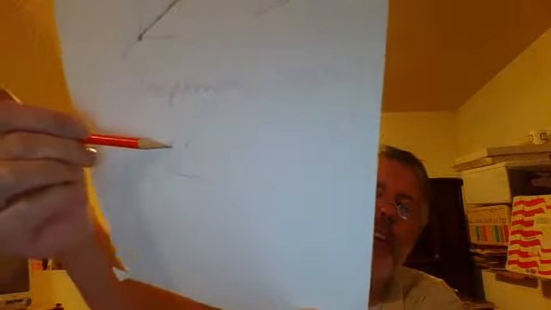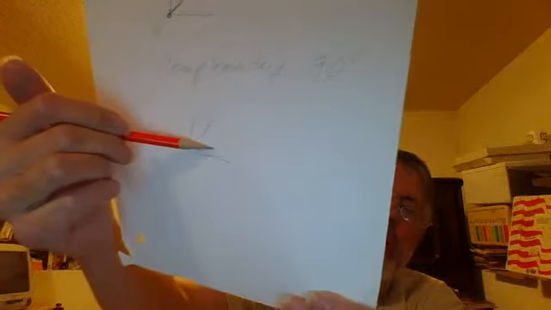So these two angles, the angle on this side and the angle over here, those are complementary because they add up to a right angle. And we always show that a right angle is by drawing a little square in the corner like that. So a 45-degree angle and another 45-degree angle are complementary because 45 plus 45 equals 90.